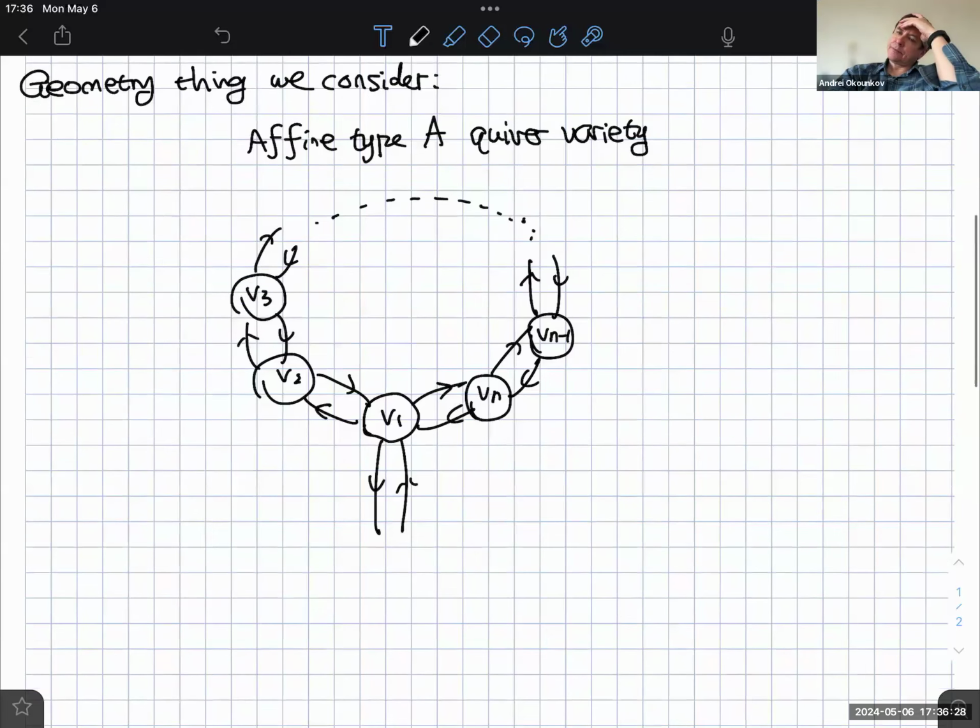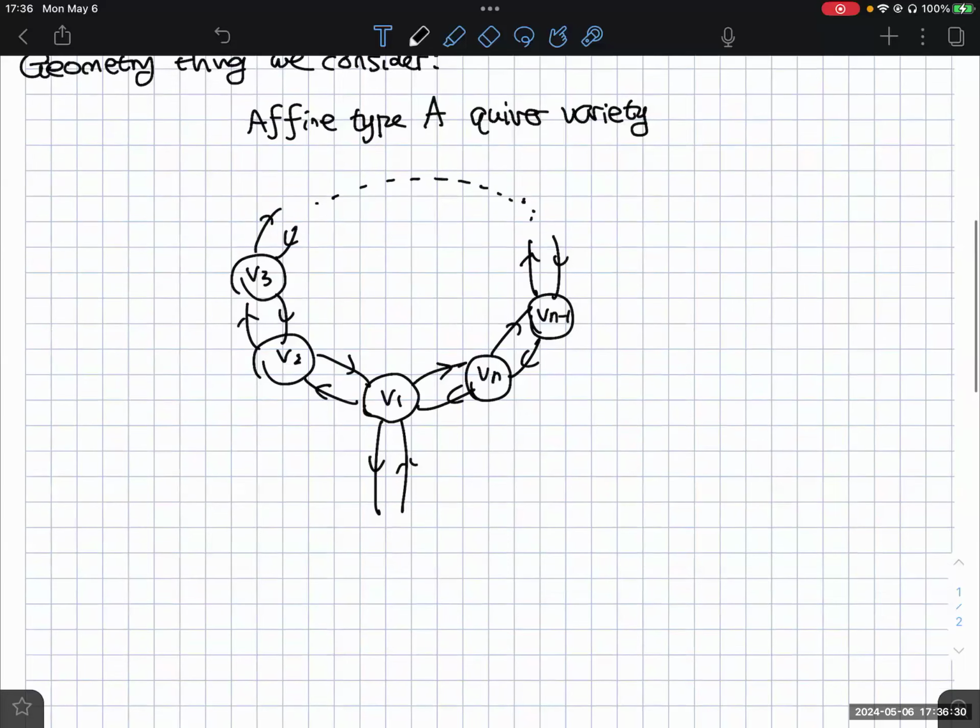These circles are usually called the gauge nodes. I'll explain the meaning of these numbers and the shape of these nodes later. Each of these has some framing; these are called the framing nodes or framing vertices.